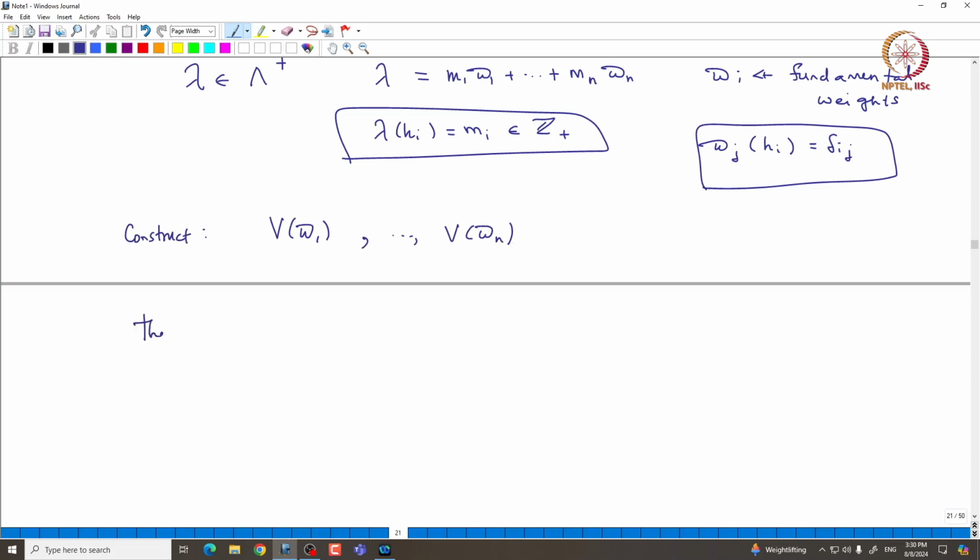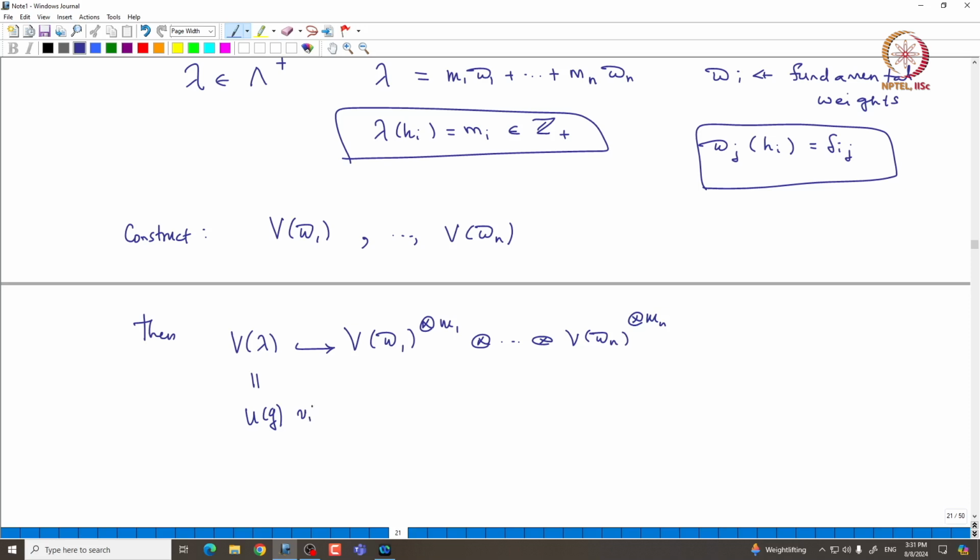Then one can immediately consider V omega 1 tensor m1, tensor, etc., tensor V omega n tensor mn. Then V lambda is going to sit naturally inside. Indeed, this V lambda is given by the submodule generated by the corresponding highest weight vector.